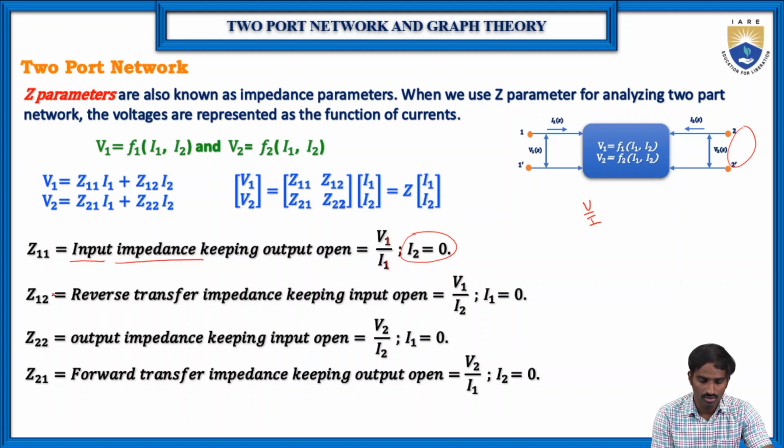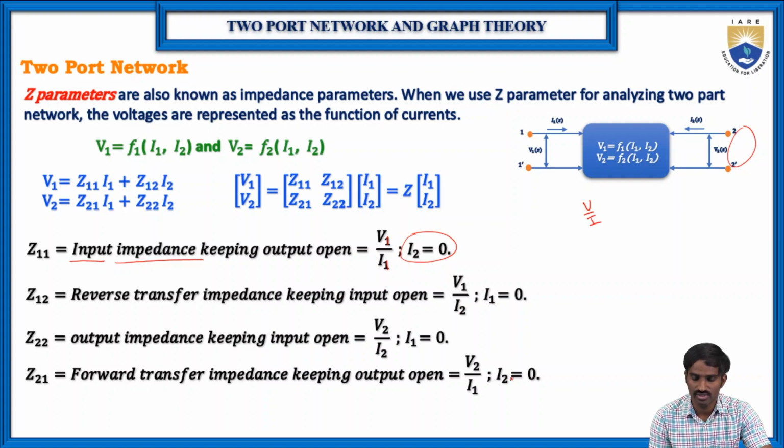Then Z12, here V1 by I2, right? Here we cannot make I2 equal to 0, because if you make I2 as 0, then this Z12 will become an infinite value. So instead we should make I1 equal to 0.